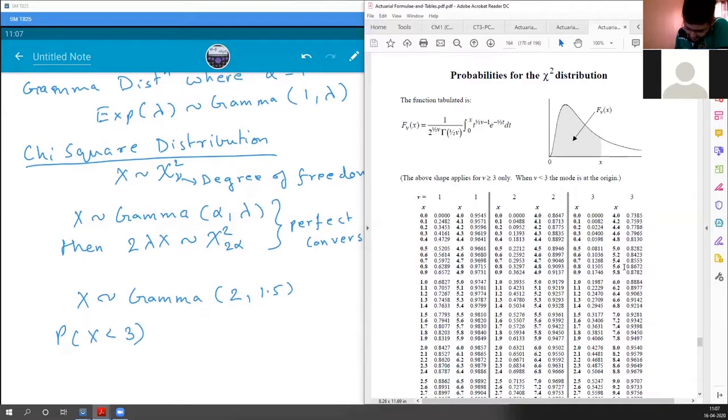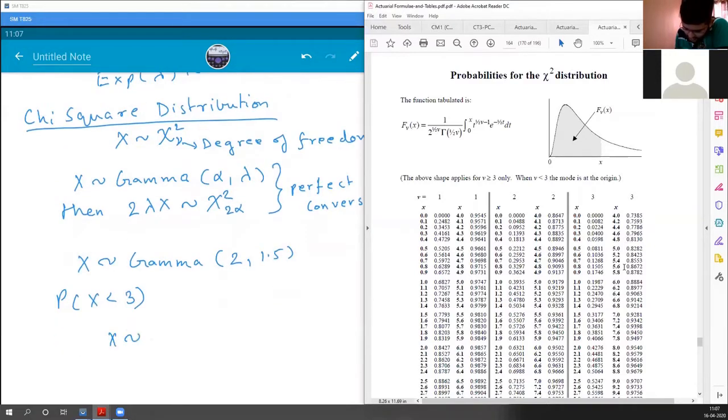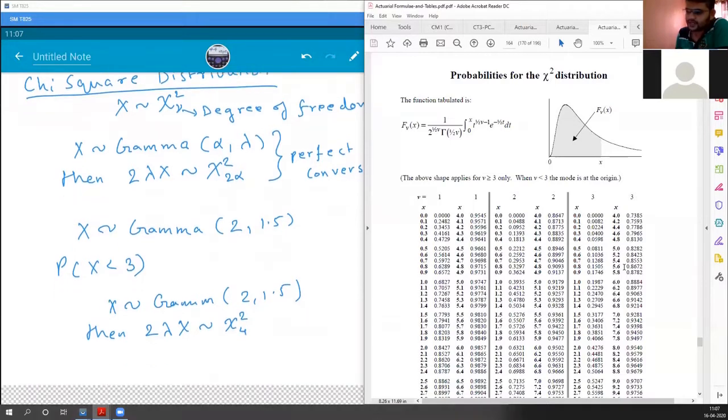If x is following gamma 2 comma 1.5, then our 2 lambda x will follow chi-square 2 alpha. Alpha here is 2, so 2 times alpha becomes 4.